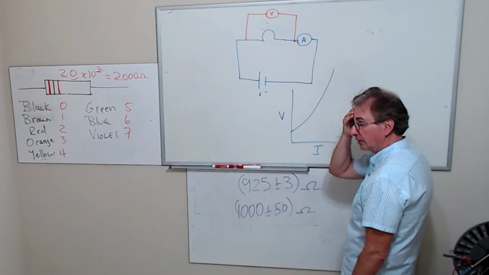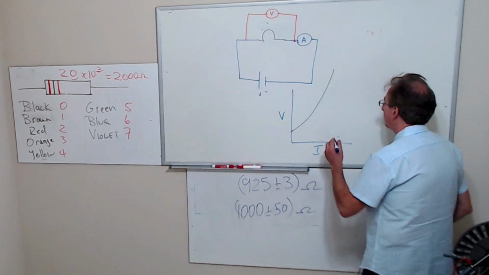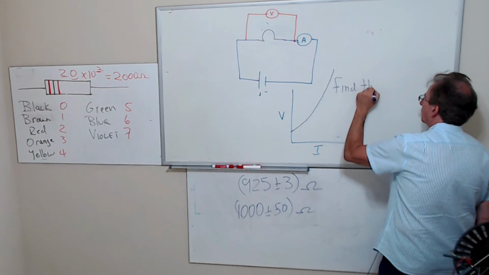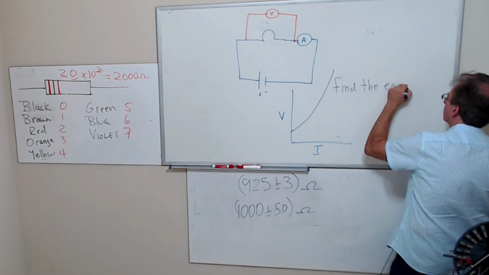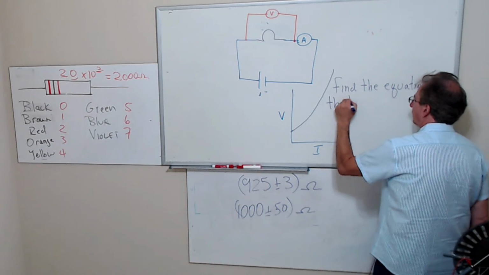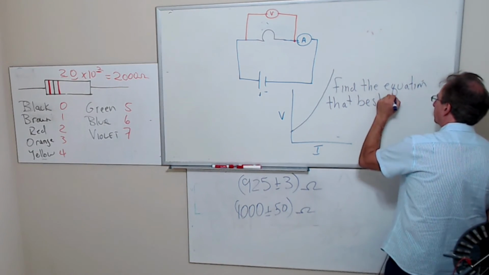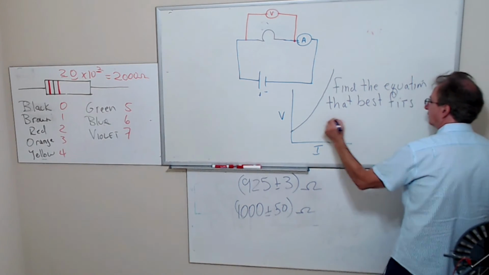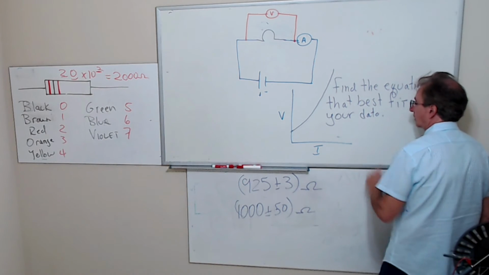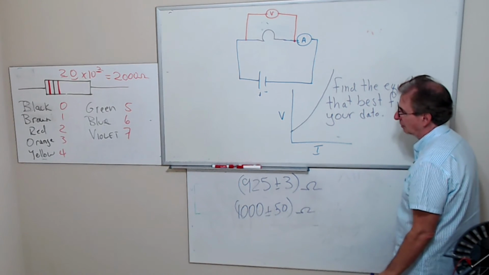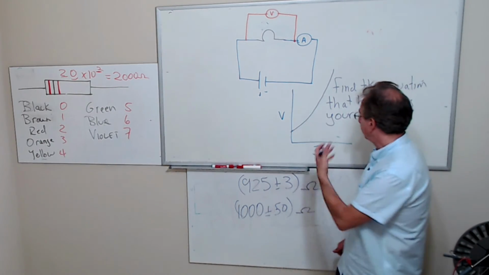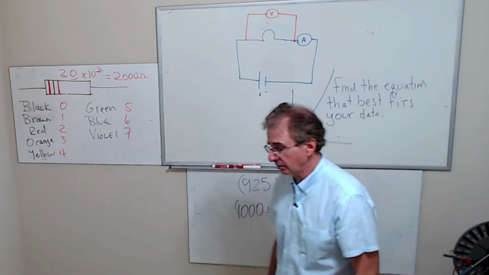And what do I want you to do in this case? When you make the graph, I want you to find the equation that best fits your data. That's what I want. Okay, so to be honest with you, I can fit that to a 94th degree polynomial, no problem.